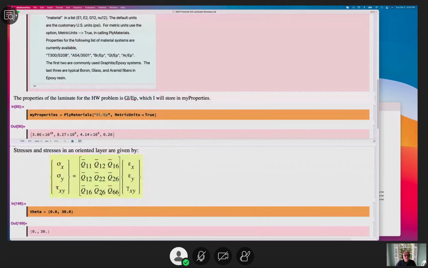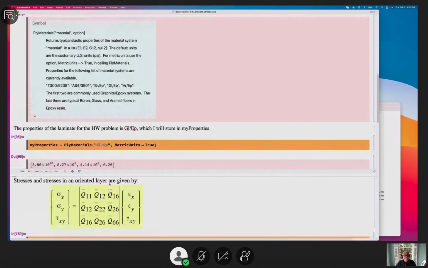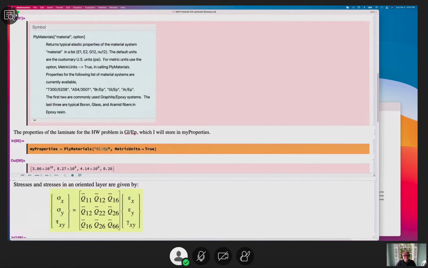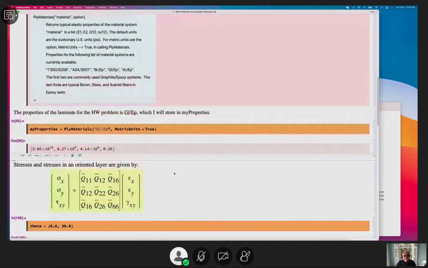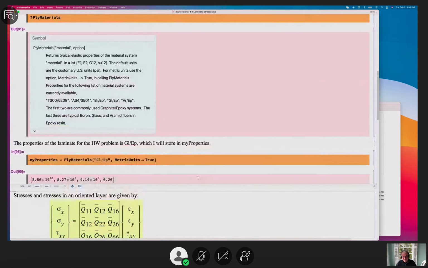Do I need this relationship in your homework assignment? I do. It's the Q-bar matrix, okay? Because stress state is given, we are going to be requiring the orientation of a layer.